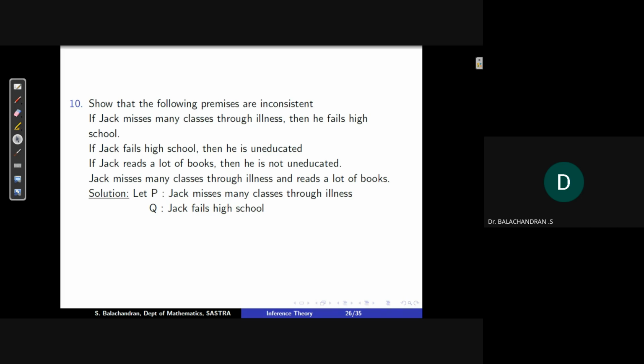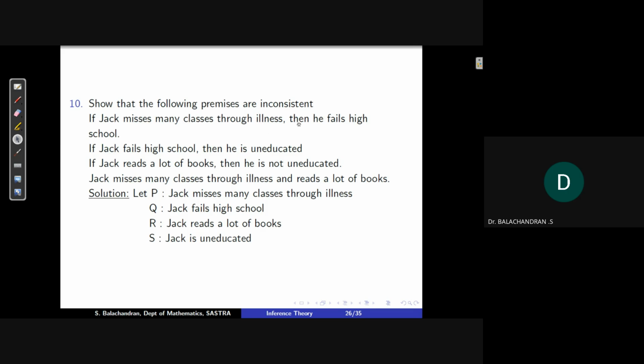Next, maybe R, or you can take either he is uneducated, or you can take R as Jack reads a lot of books. Or you can take any one. And one more thing, S: Jack is uneducated. Now, first one. What is the first one? Jack misses many classes through illness. That means P.